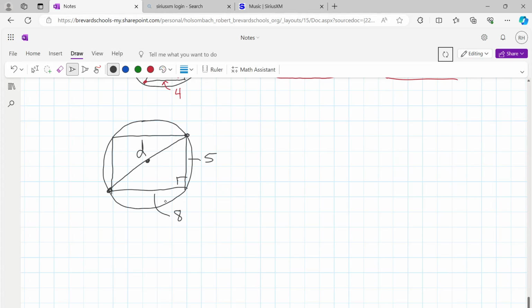So we're going to take this right triangle and apply the Pythagorean theorem. So 5 squared plus 8 squared is equal to d squared. Go to your calculator. That's 5x squared button plus 8x squared button equals. So 89 is equal to d squared.